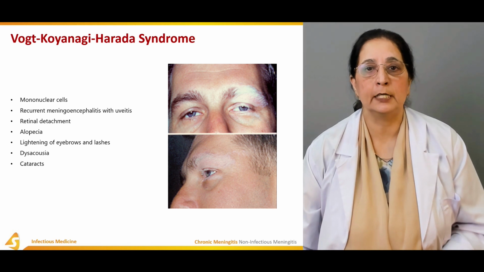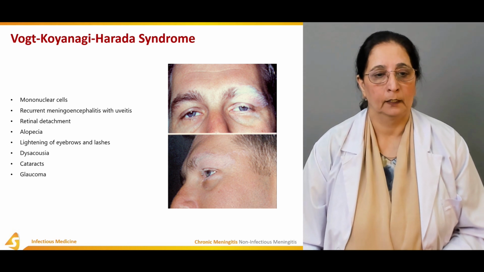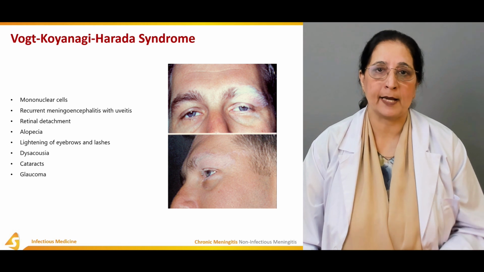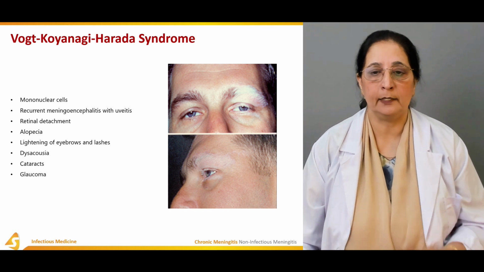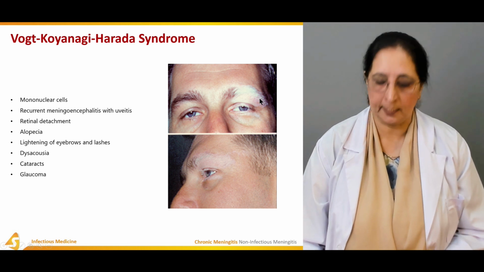All these different conditions are present in this syndrome. Glaucoma is also present. So mainly it's affecting the eyes, and then there is lightening of the hair, and it has some effect on the ears.